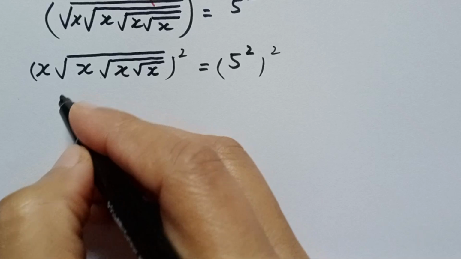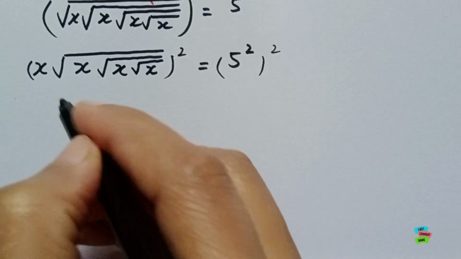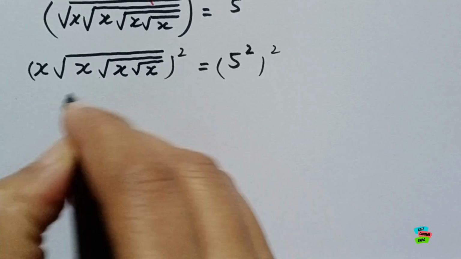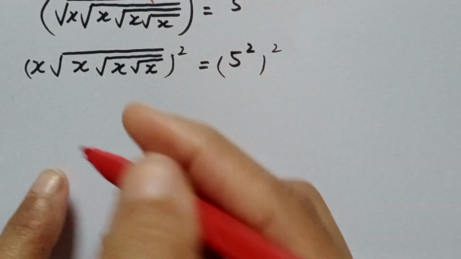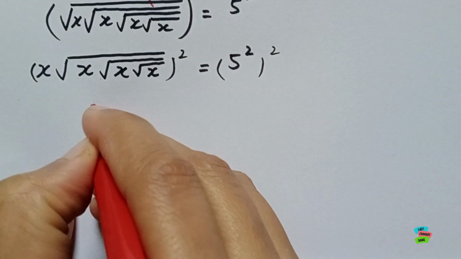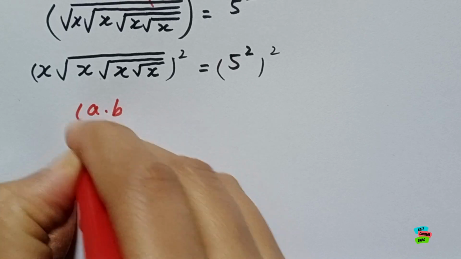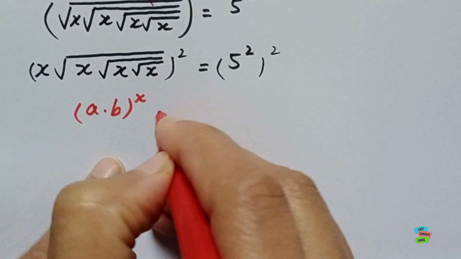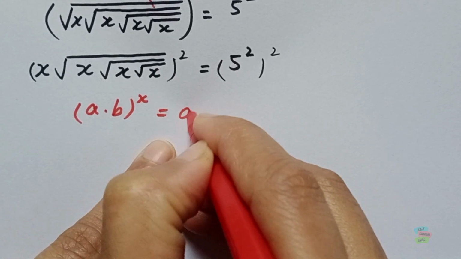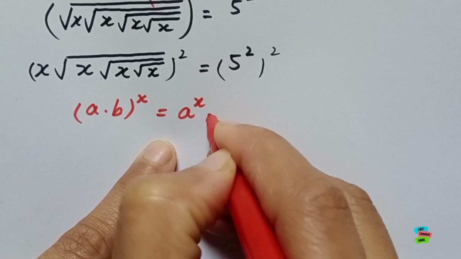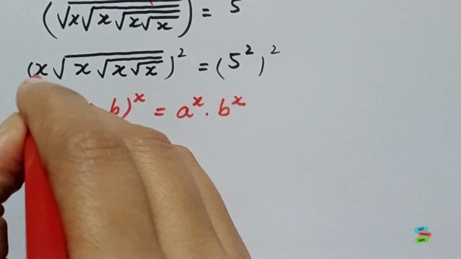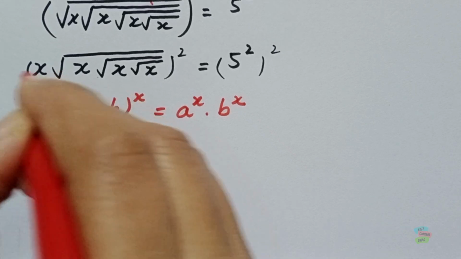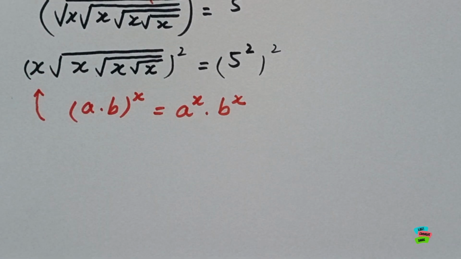We know that if a times b to the power x, we can write it as a to the power x and b to the power x. We can write the power separately, so we will use this rule here.